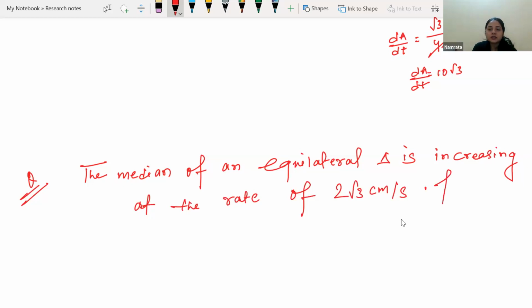Find the rate at which its side is increasing.